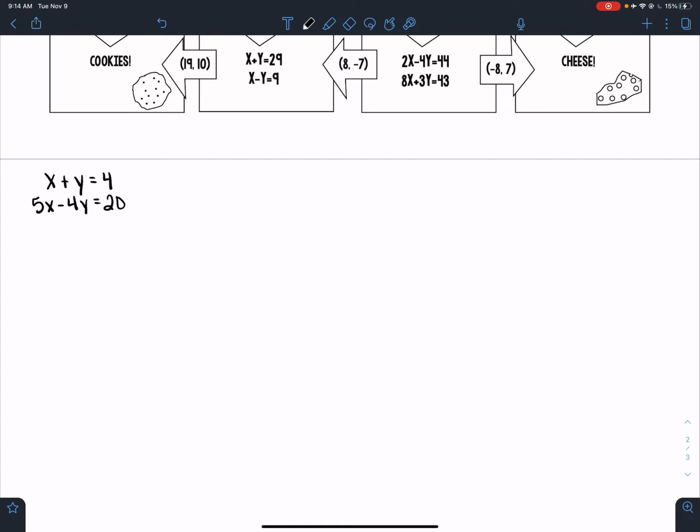Okay. So with elimination, I'm going to go ahead and look at eliminating the x values. So in order to eliminate the x's, I need to multiply that whole top equation by -5.